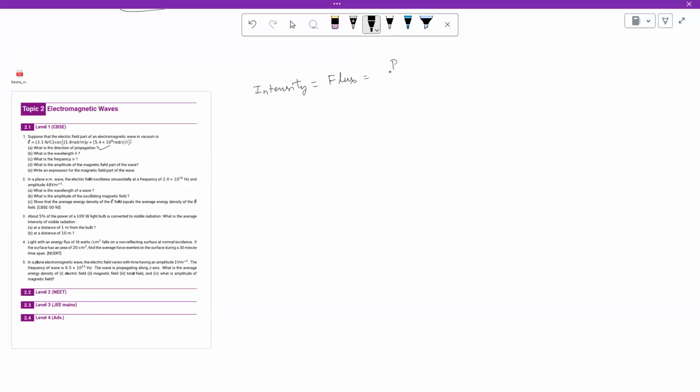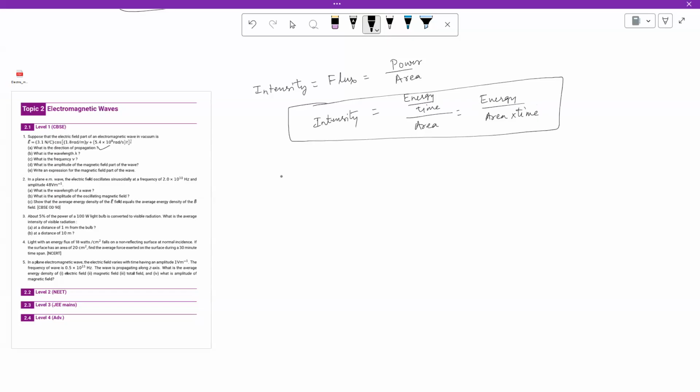This is power by area, right? And what is power? Power is energy upon time, the rate of doing work. So work is energy, energy by time, and then area. So this flux or intensity is energy per unit area and per unit time. Yeah, so this is the thing.